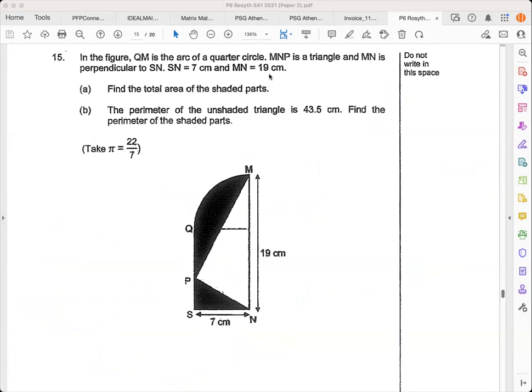So before I continue, let's read the question. In the figure, QM is the arc of a quarter circle. So we're talking about this one, QM. Okay, it's the arc of a quarter circle. So where's the quarter circle? So this is a quarter circle.